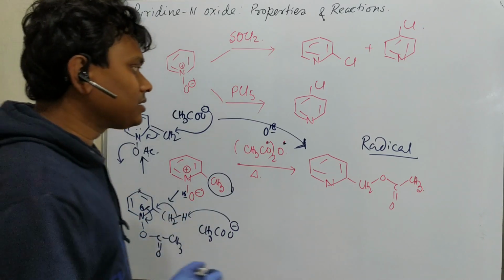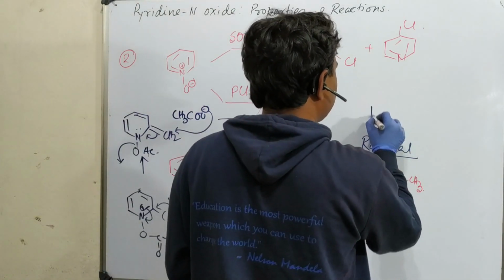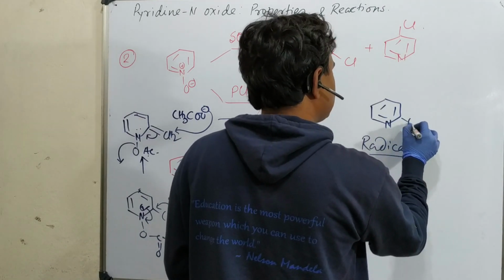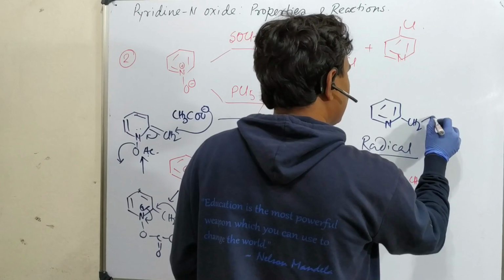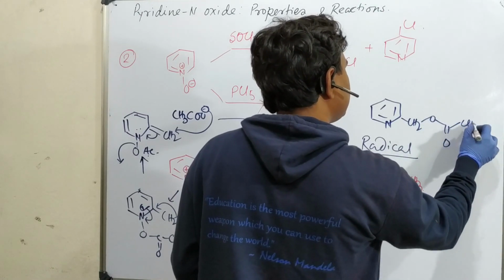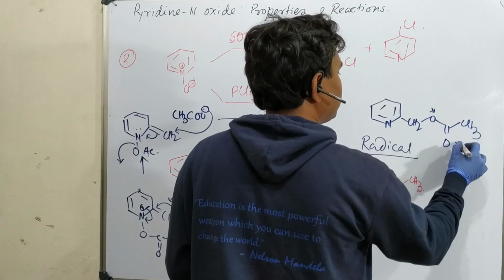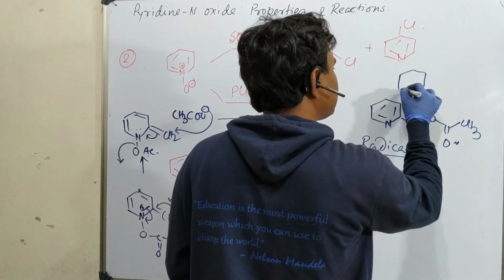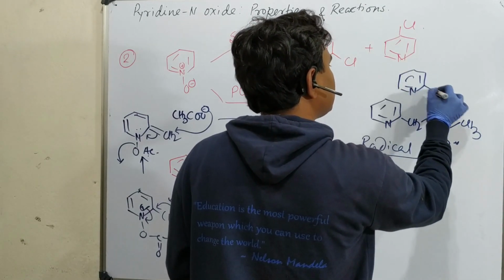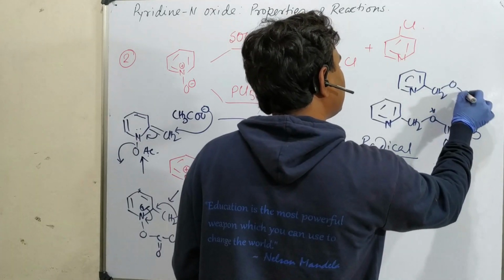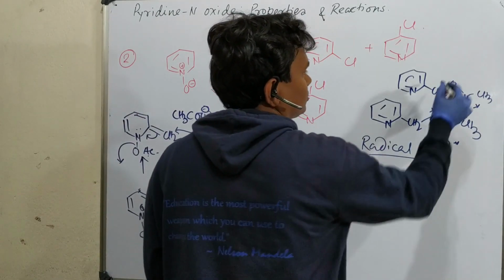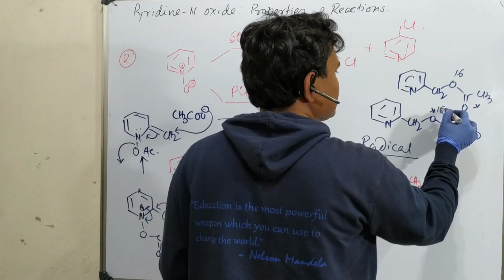Ultimately what do we get? We get both: CH2OCOCH3, this is both labeled, and another product we get, CH2OCOCH3, with only one label. So this is the 16, this is the 18.